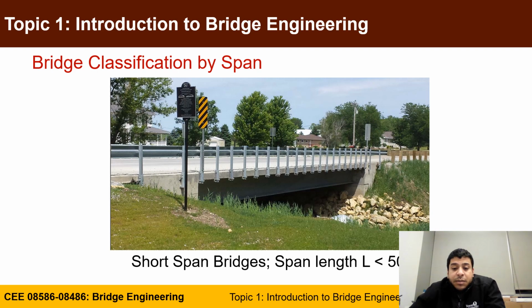And if the span is between 50 and 200, I think I covered that in my video. It is also called a short span if it's less than 50 feet, as you can see here in this example of a short span bridge.